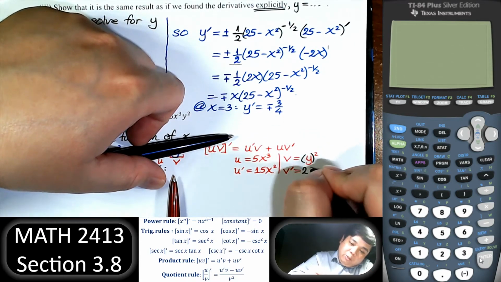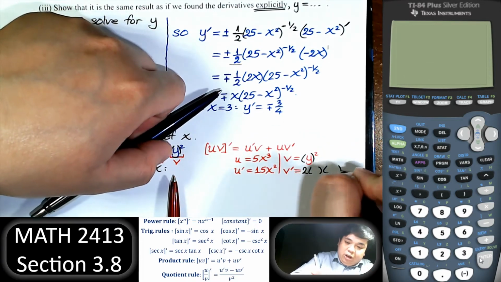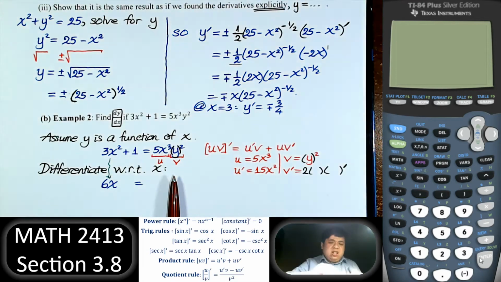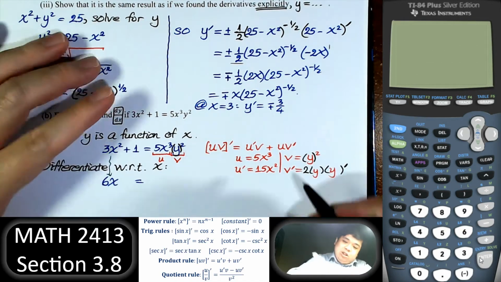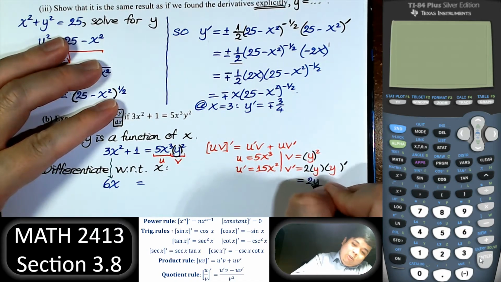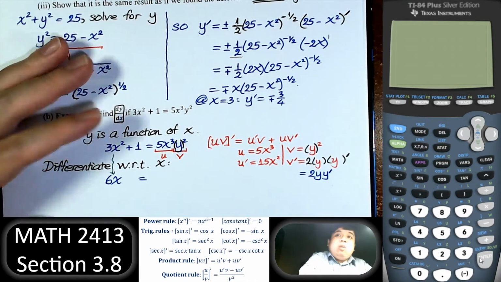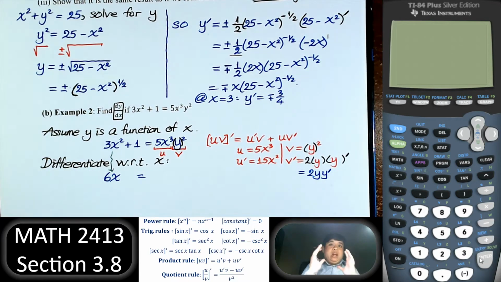It will be 2 parentheses, derivative of the parentheses. It just happened to be y in it, so just do y prime. So every time we have y, just put the parentheses around it, signal that this is the function of x.